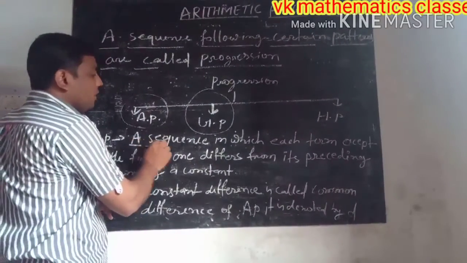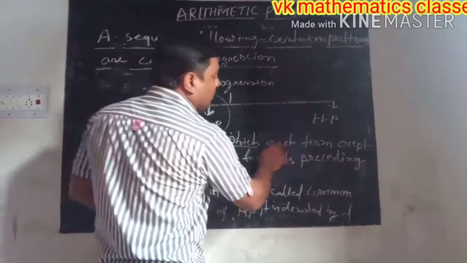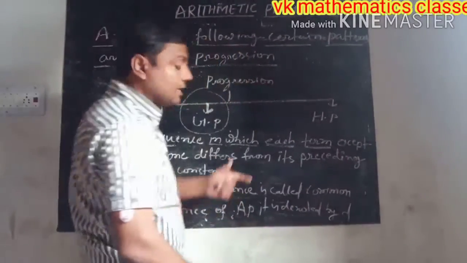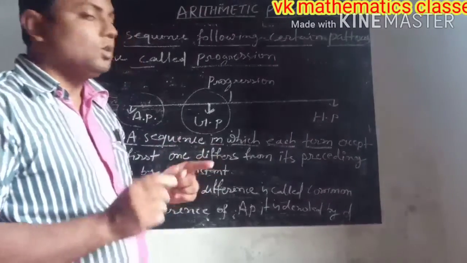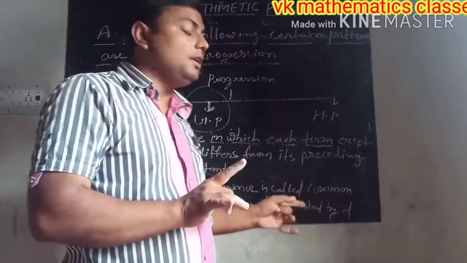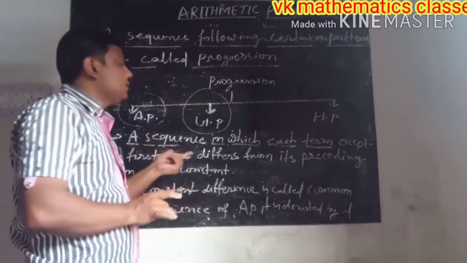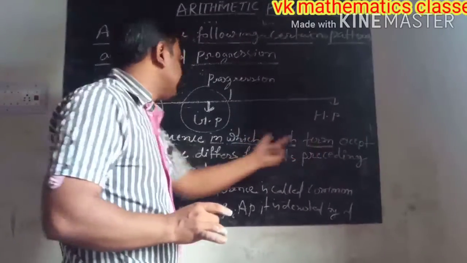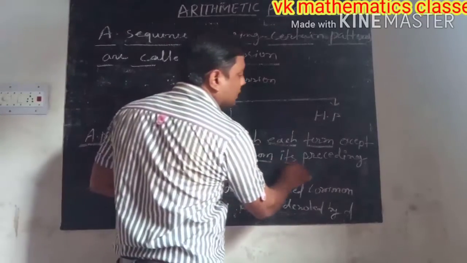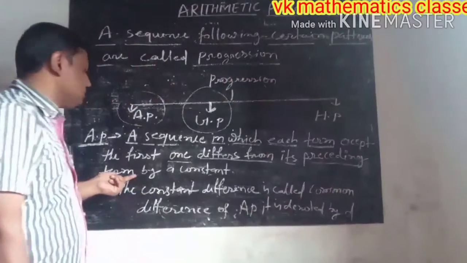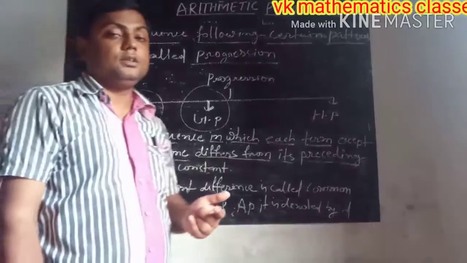AP: a sequence in which each term except the first differs from its preceding term by a constant.